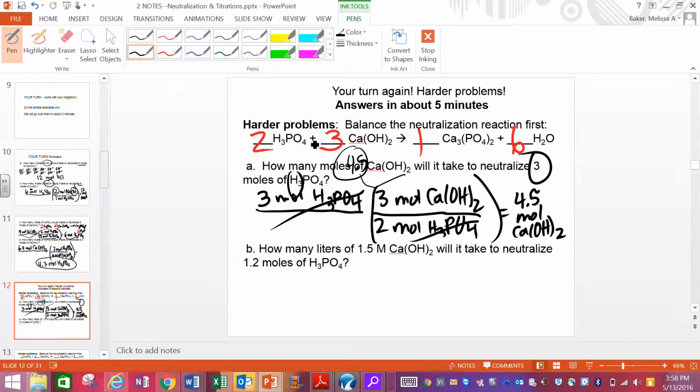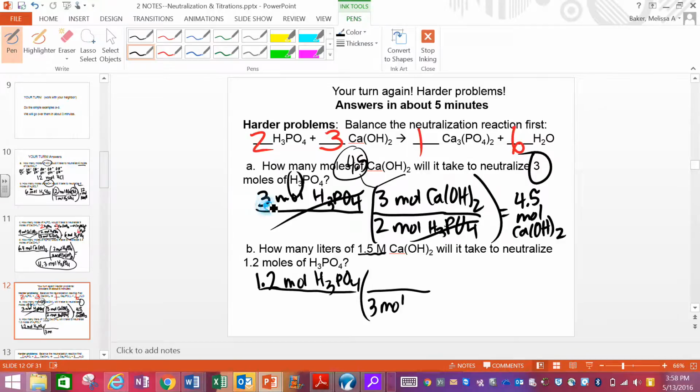All right. How about this question? How many liters of 1.5 molar calcium hydroxide will it take to neutralize 1.2 moles of H3PO4? Start by writing what you know. We want to neutralize 1.2 moles of H3PO4. Let's figure out how many calcium hydroxides that's going to take.